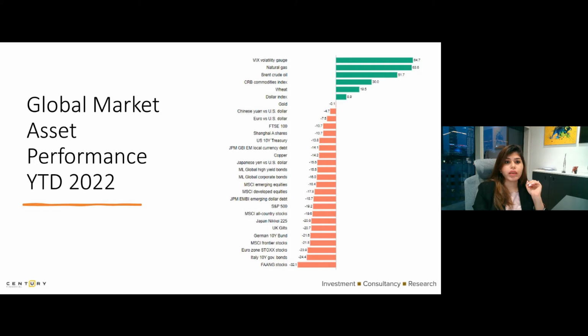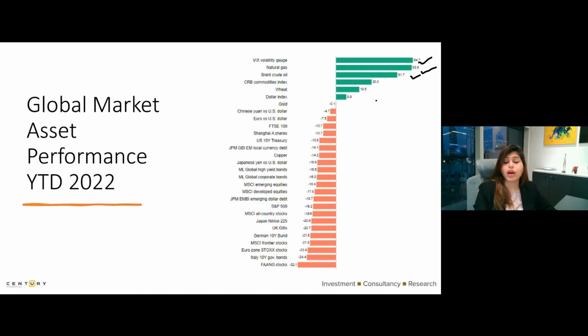So even if you see over here, this is how the assets have performed this year. Like you can see, the volatility index this year has been up by almost 65%. You have natural gas prices, that is the energy prices, up again by almost 50 to 60%. These are the year to date numbers.